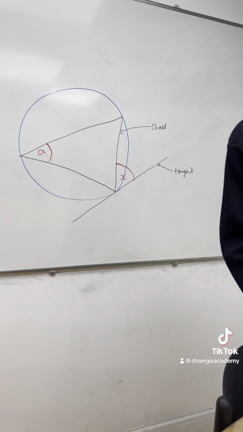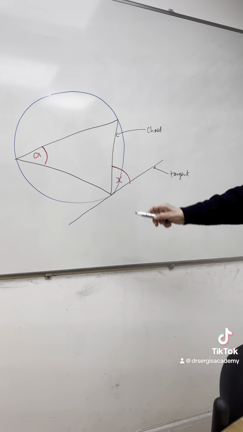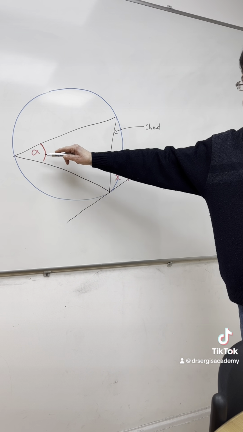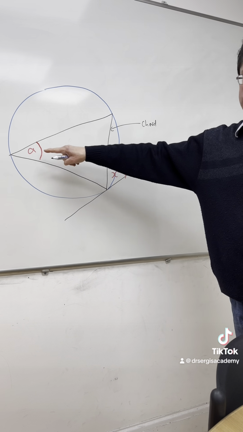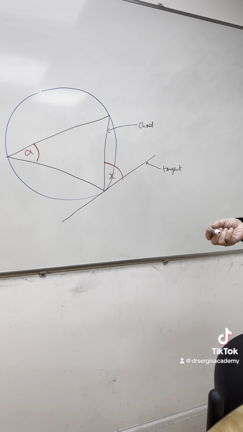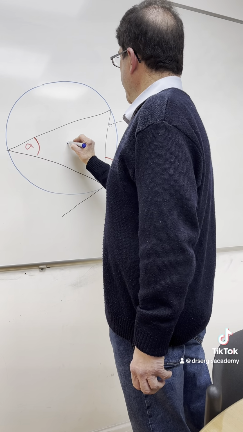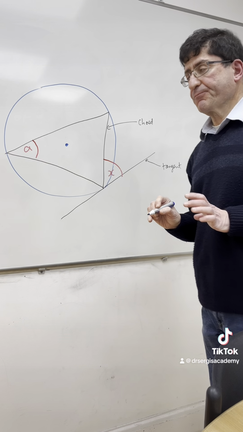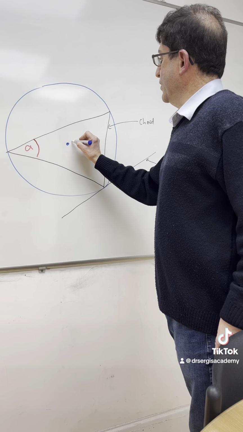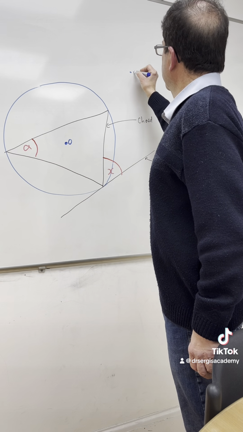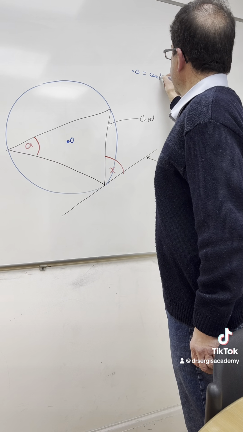Okay, so to prove this, that the angle between the tangent and the chord is equal to the angle the chord subtends at the circumference, what we do is we draw a line through the center, that is, we draw a diameter. So let's call the center O, the center of the circle.